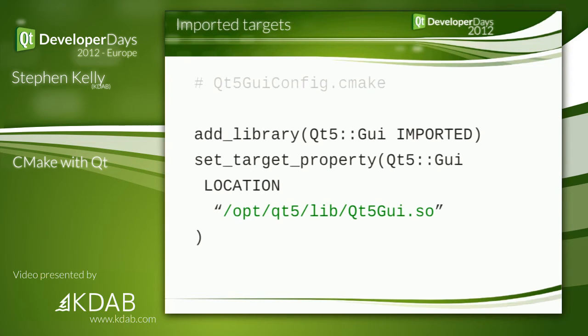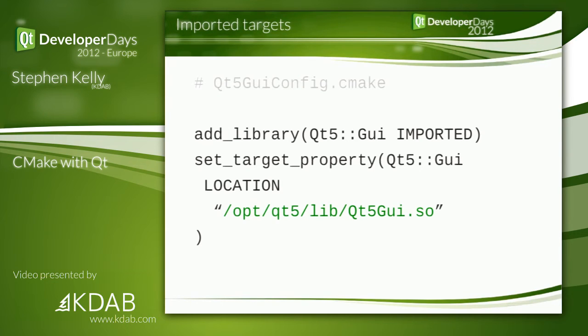So these are special kind of libraries and executables that CMake has, which are kind of symbolic. Usually when you call add_library in CMake, that means I want to build this library. But imported targets are things which are already built and available somewhere on the file system. And we need to specify the location that it already exists.